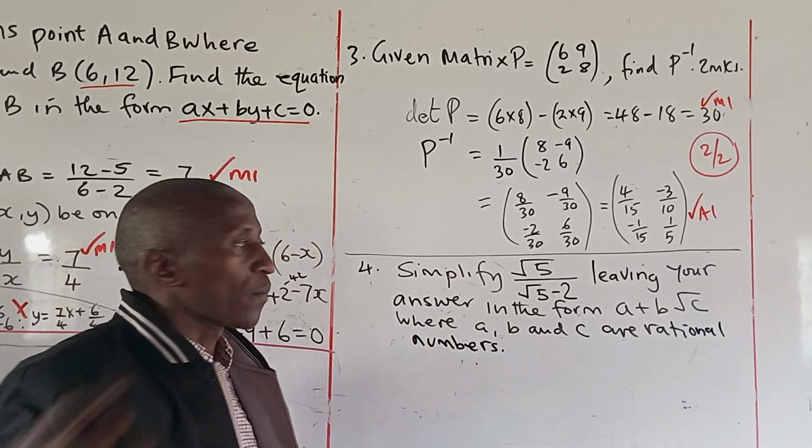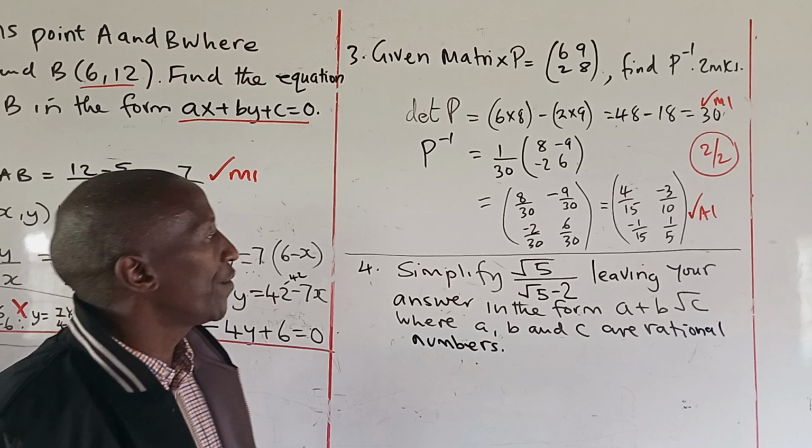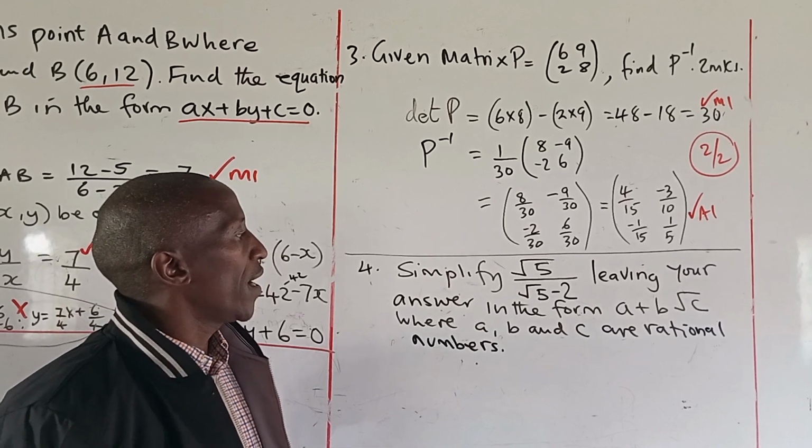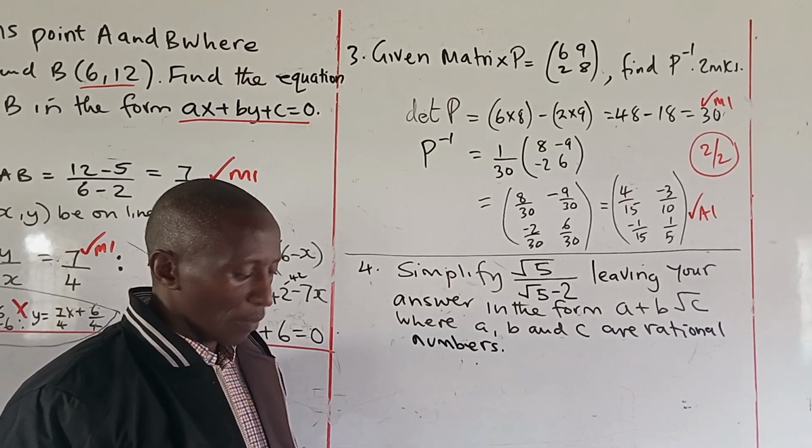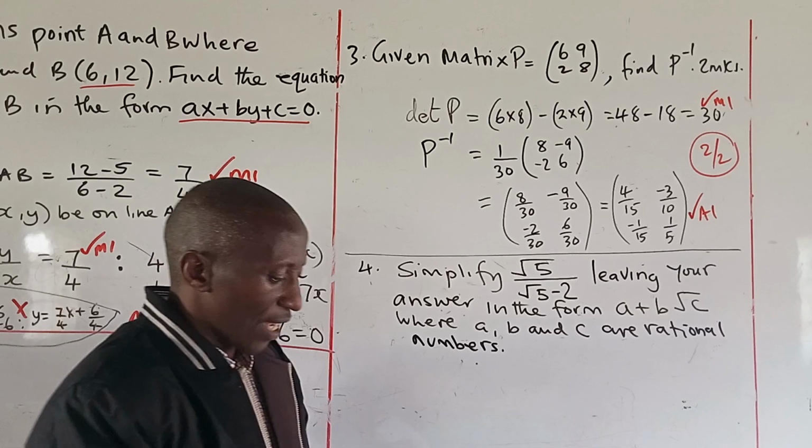So that's the question. Simplify root 5 over root 5 minus 2, and you leave it in that form.